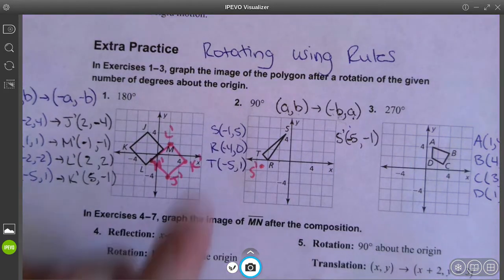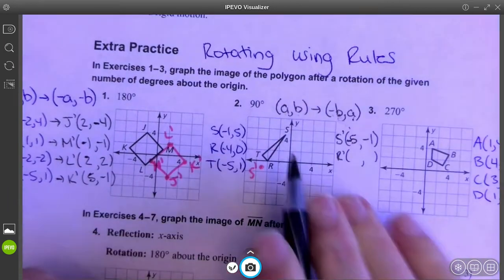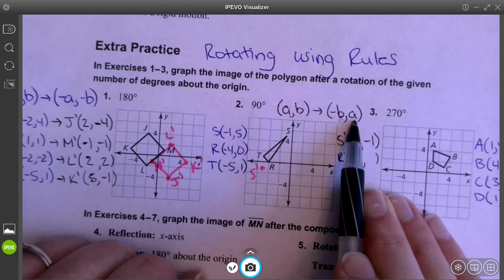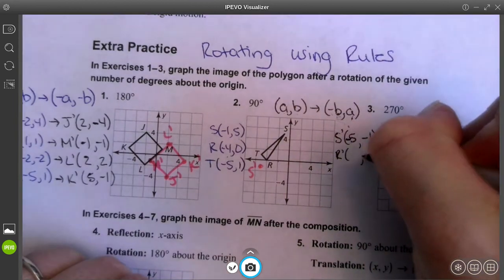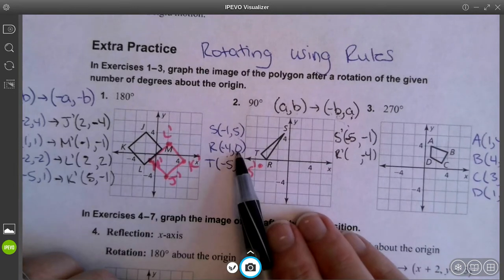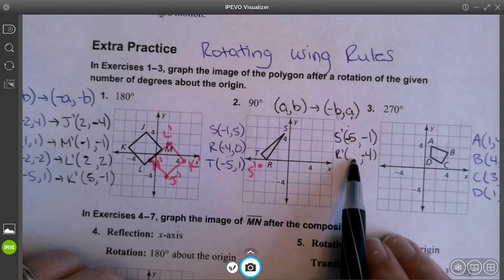All right, let's apply the rule to R to get R prime. Remember, the x coordinate of my pre-image becomes the y coordinate of my image. So the x coordinate of R is -4. So -4 is the y coordinate of R prime. My y coordinate of my pre-image becomes the x coordinate, and I would take the opposite.